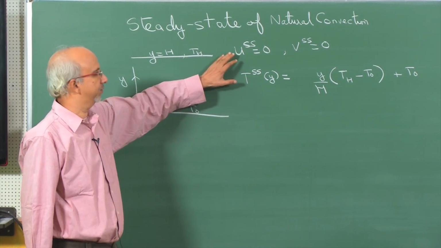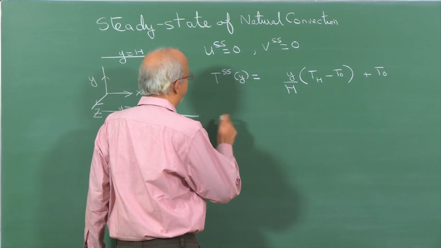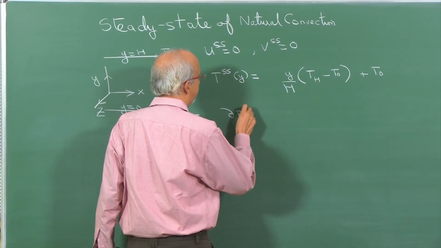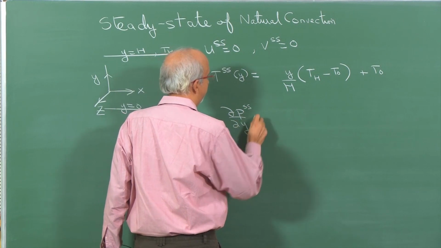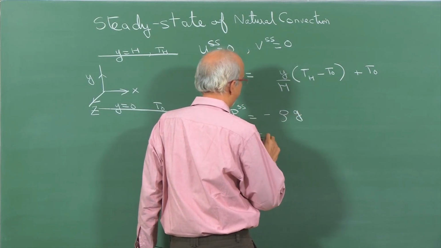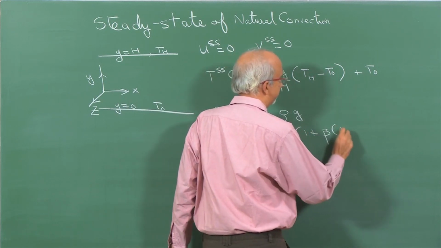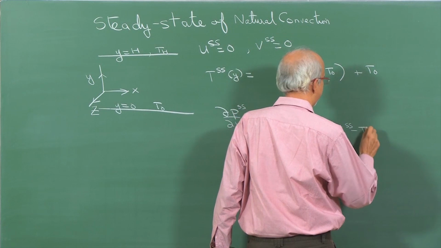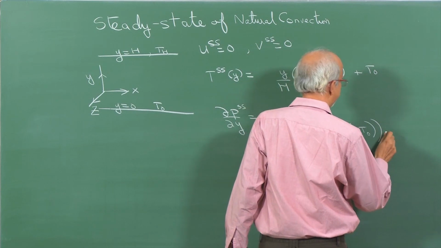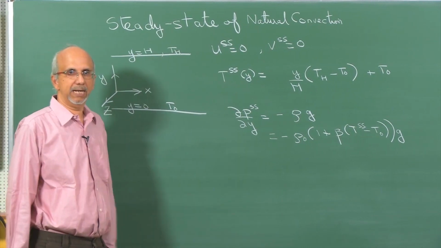The velocity and the temperature of the steady state are given by this, and corresponding to this you had a pressure at the steady state which was hydrostatic, given by dPSS by dy equals minus rho g, which we wrote as minus rho naught times 1 plus beta times (TSS minus T0) times g. So, this is what we saw in the last class.